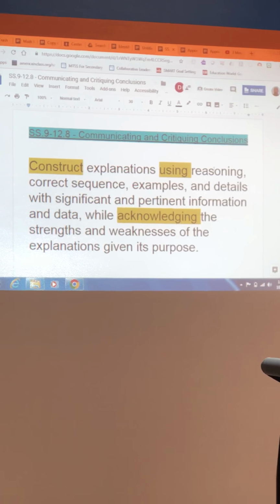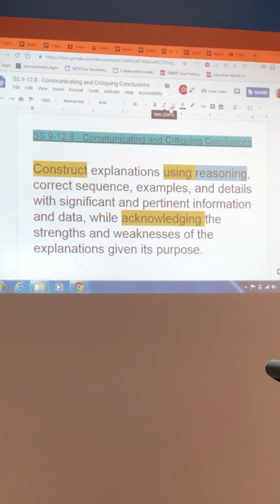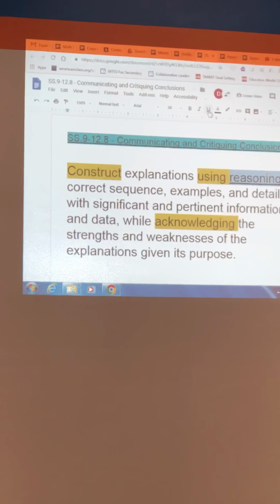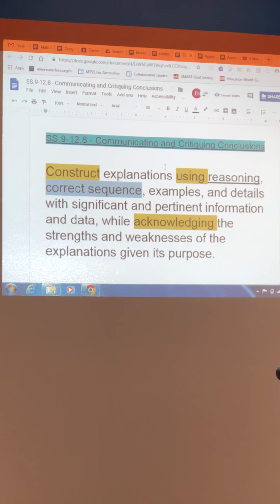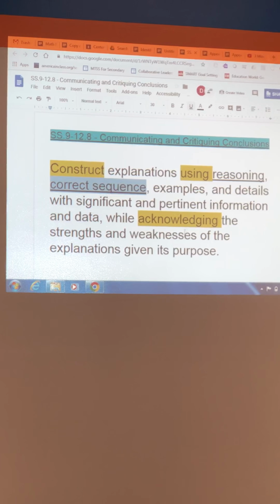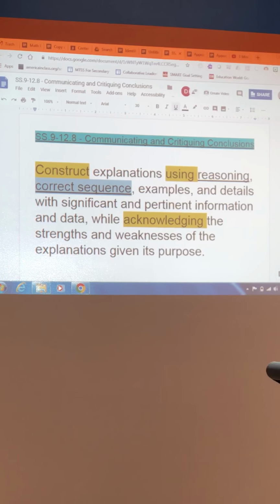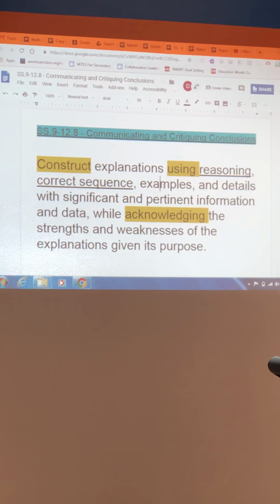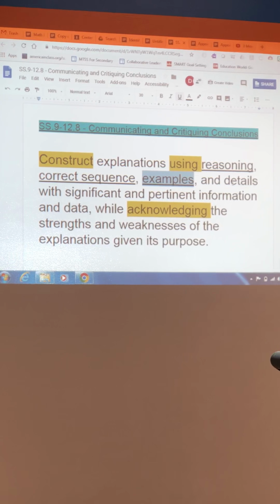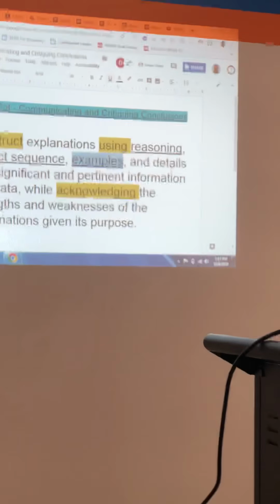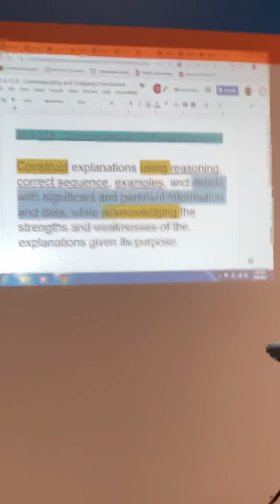So when we did this, we said, reasoning, we're going to have to provide direct instruction on reasoning. We're going to have to provide direct instruction on what correct sequence means and looks like. Also examples, direct instruction, underline it. Details, we did details with significant and pertinent information and data.